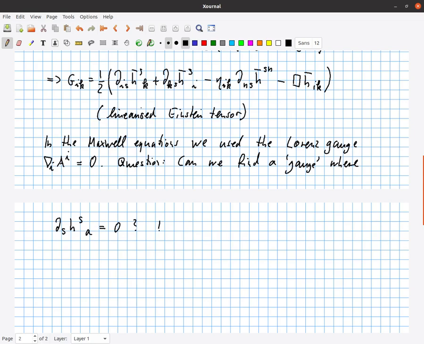If so, this would greatly simplify the linearized field equations.